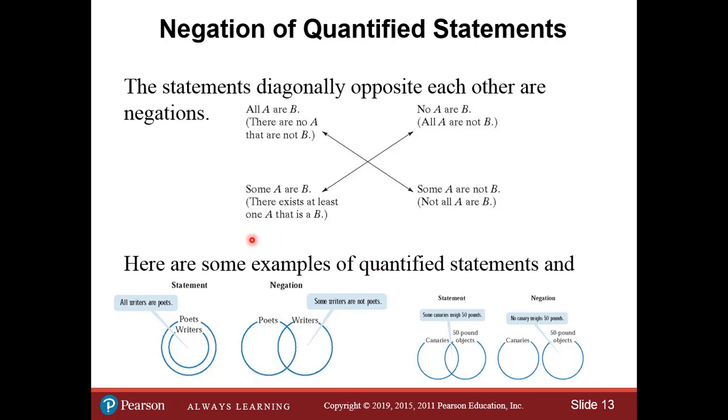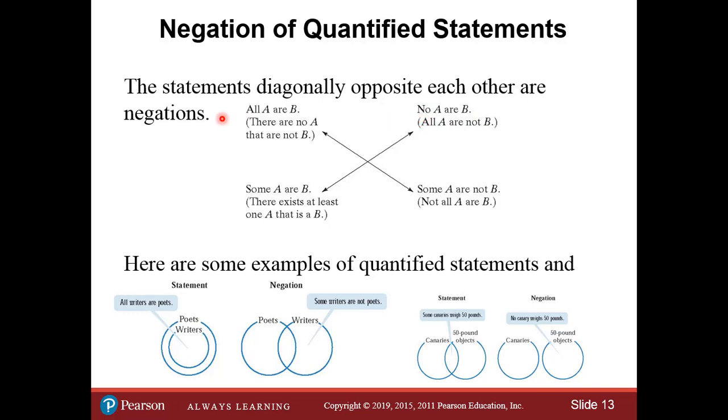Anything that says all, none, every, no one, those are universal quantifiers, meaning universal applies to everything in the category, in the set. So if you notice the arrows, the negations of universal quantifiers always lead to an existential quantifier. The negation of an existential quantifier always leads to a universal quantifier.